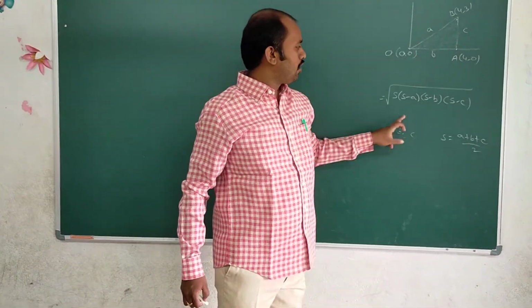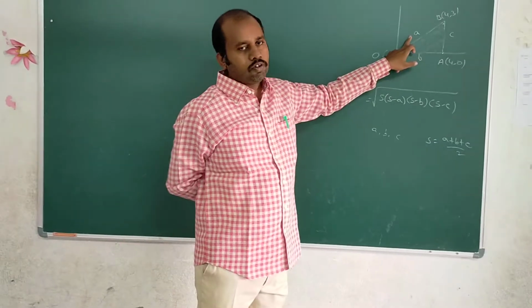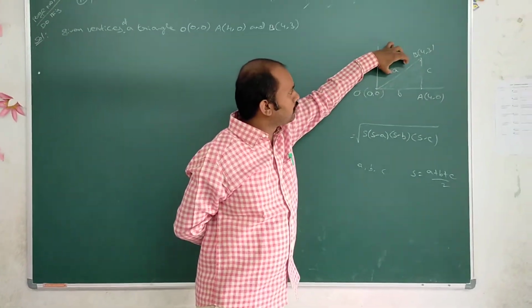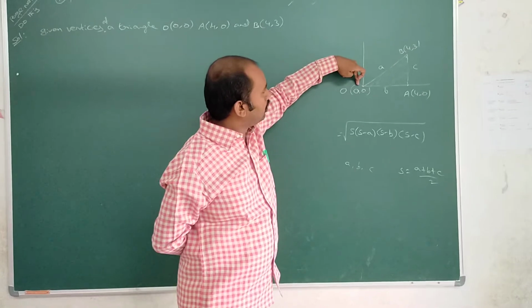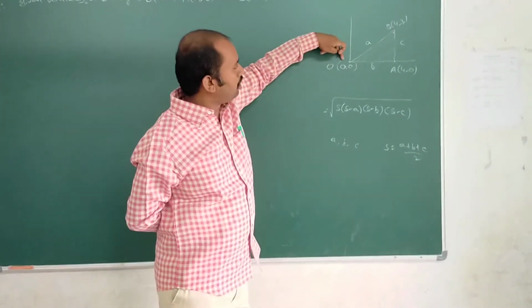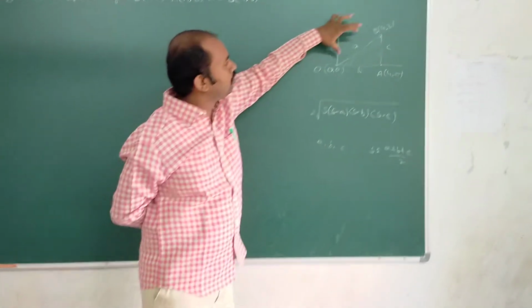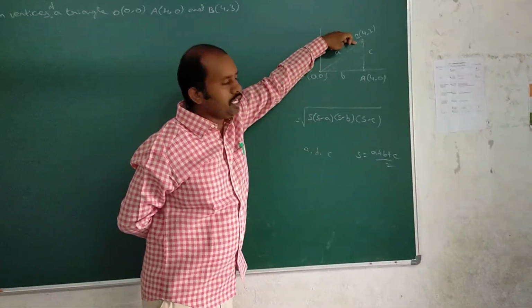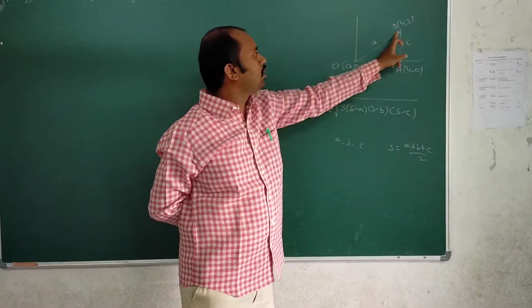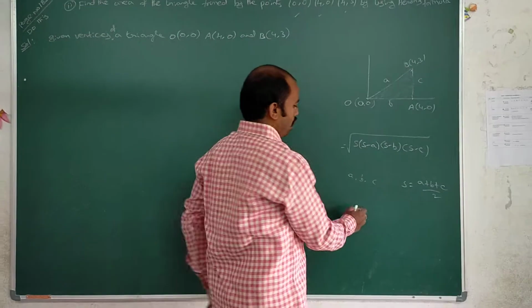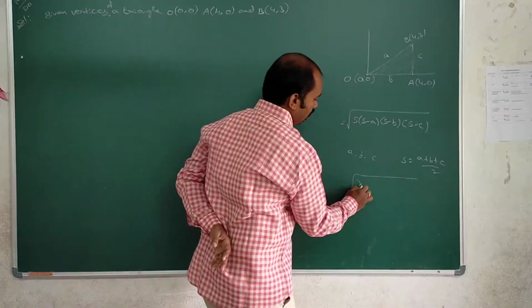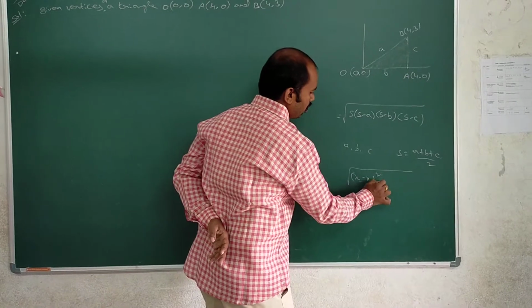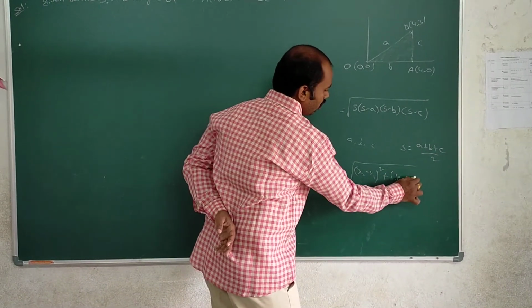The length of the sides is not given here. So you first find the sides. Three vertices are given. How to find the distance between O and B? First you find the distance between O and B. Here the formula is there: the distance is square root of x2 minus x1 whole square plus y2 minus y1 whole square.